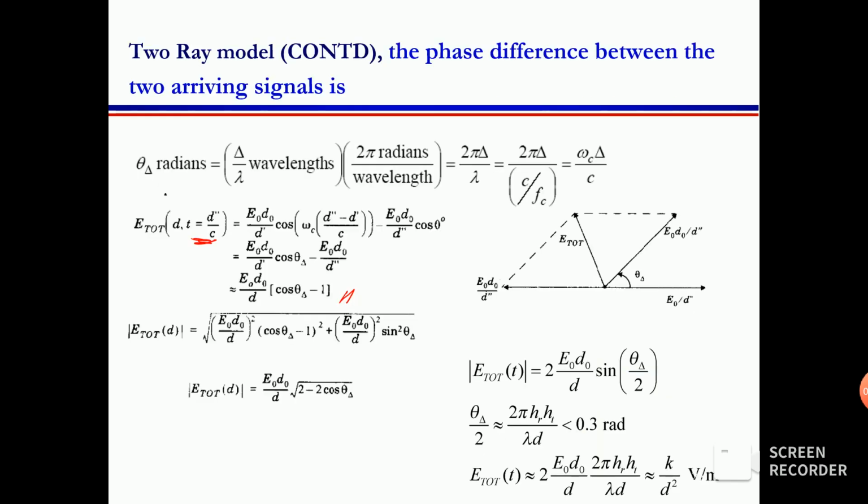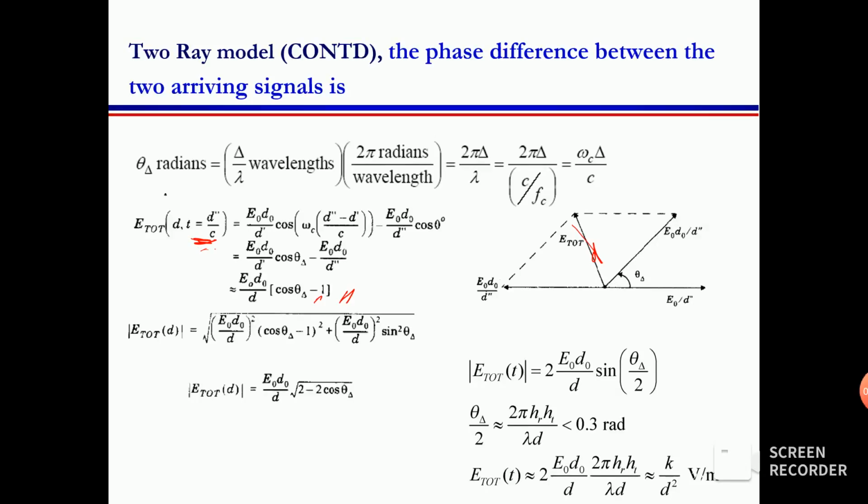And the received electric field at t equal to d double dash by c, that is your reflected distance. If this is the case, then I just have to replace it, and if I compute it, it becomes like this. So this is going to be your E total. So this is the distance d.